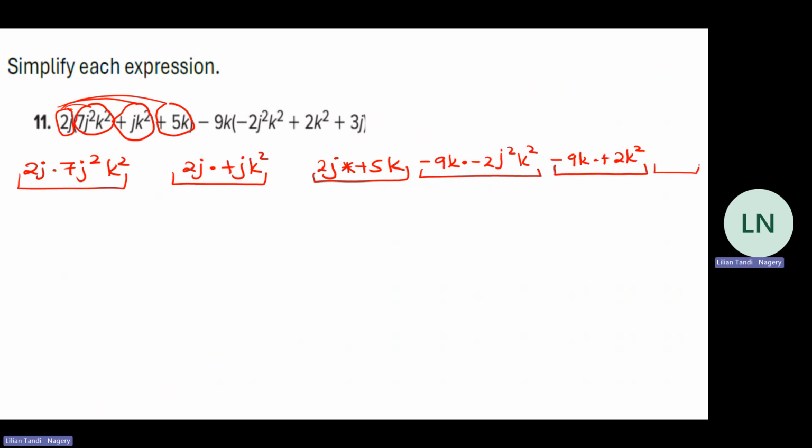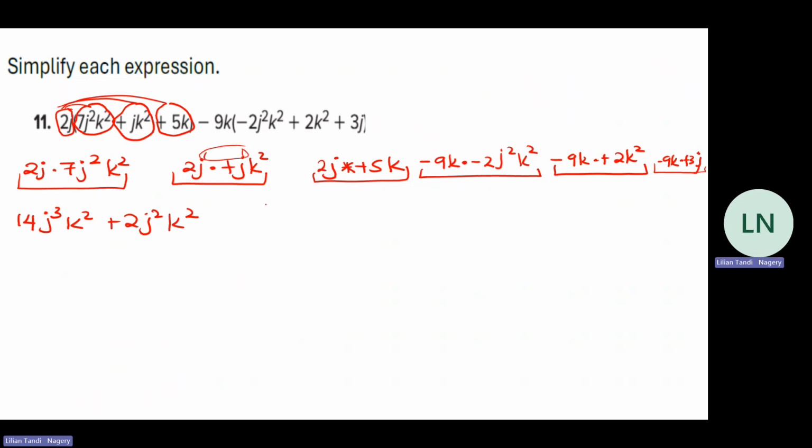Then negative 9k multiply positive 3j. Okay. The answer to this is 14j cubed k squared. The answer to this is positive 2j squared k squared. There is 1 and 1j. If you add them, they become 2.